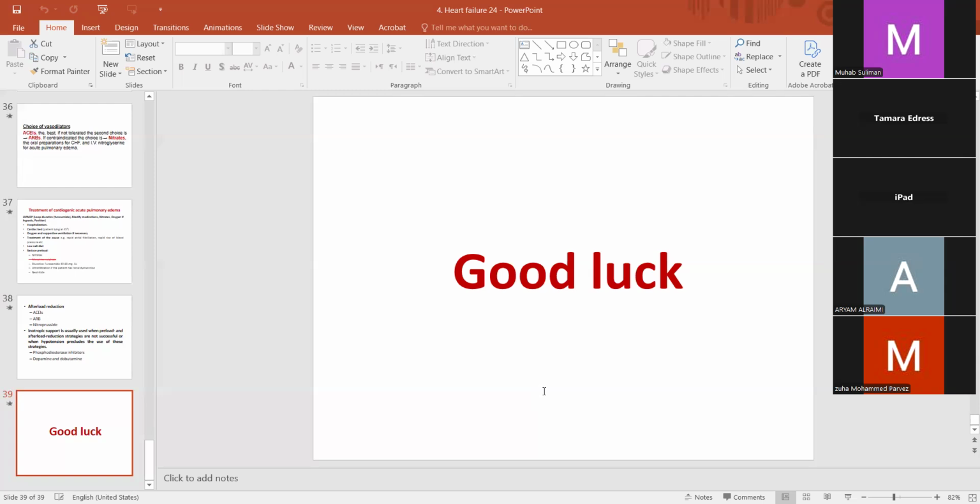Mainly this is due to sympathetic activation and the RAS system. So in our treatment of chronic heart failure, we try to relieve the symptoms if there are symptoms and prevent the progression of the heart failure.